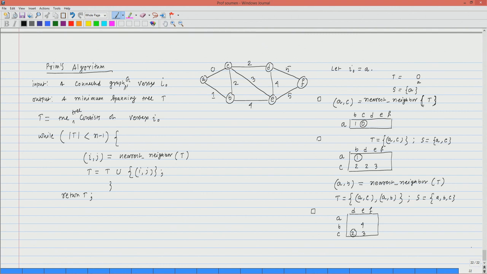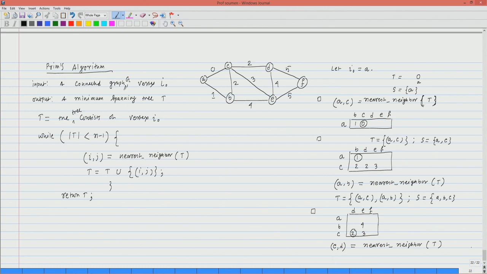So, the output of nearest neighbor here is CD, right. CD is the output of nearest neighbor operation with the current tree T.